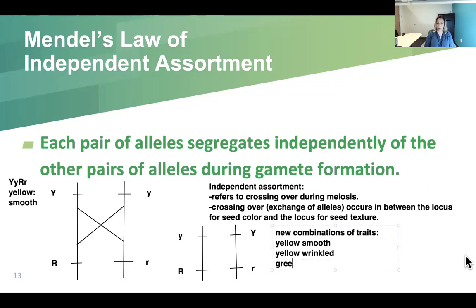We could have started with green wrinkled, like the parental, or it could be like a new combination, green smooth. So independent assortment means that when you are looking at more than one gene, the alleles for those two genes can be swapped independently. Okay, they're not stuck together.